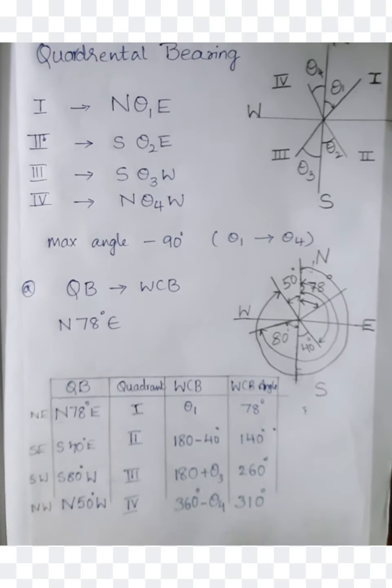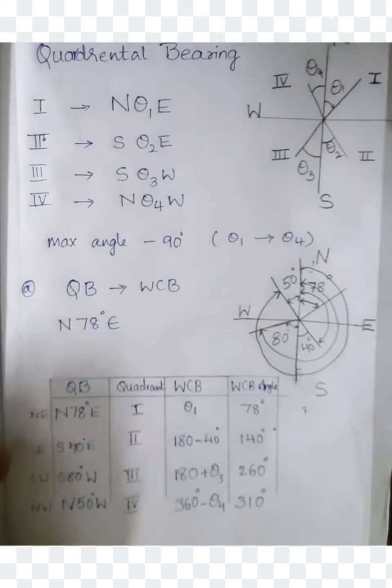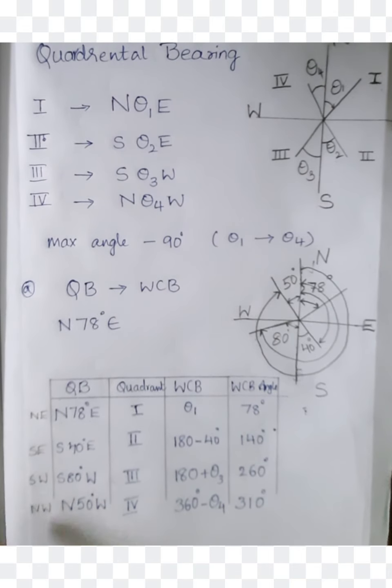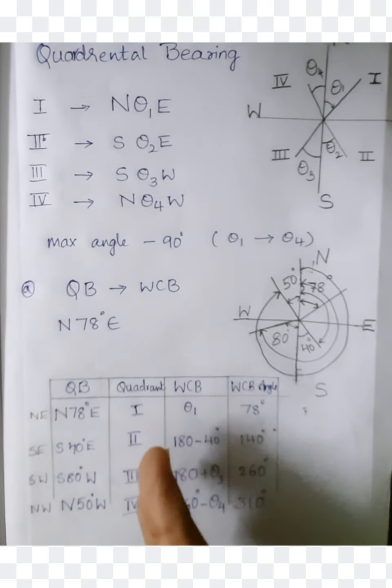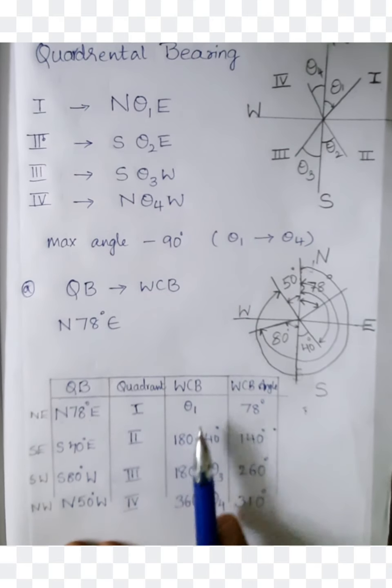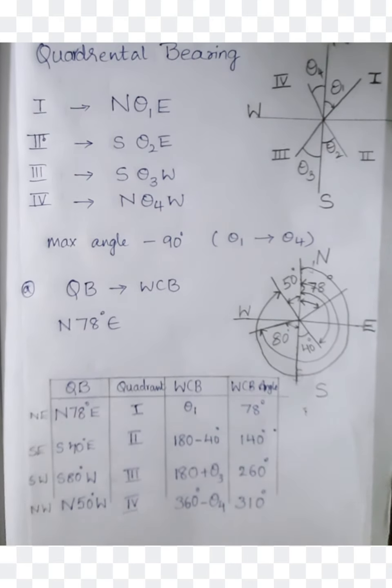In the quadrantal bearing system we have the northeast, southeast, southwest and northwest directions. Depending upon these directions, we designate in which quadrant the angle falls: first, second, third or fourth quadrant. If your angle falls in the first quadrant, the WCB angle remains the same.